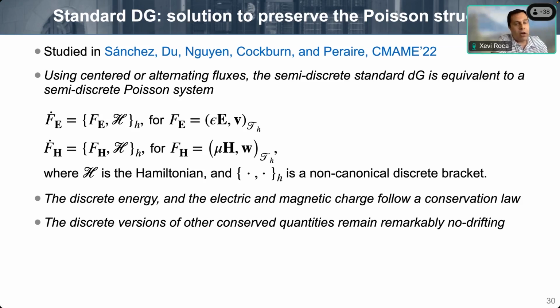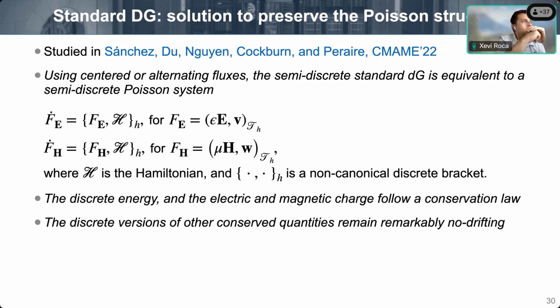So the idea is that you're going to have derivatives in time of functionals, in this case a functional F_V and a functional F_H, which are actually the coordinate functionals, and then you're going to have a non-canonical discrete Poisson bracket, here denoted with curly braces and an H, that is going to take two functionals. It's going to use the functional derivatives of these functionals. They are going to be combined in such a manner that is anti-symmetric, and you are able to resemble the dynamics of the electromagnetic equations.